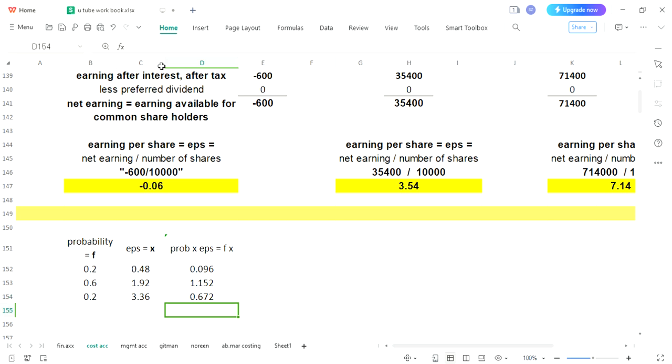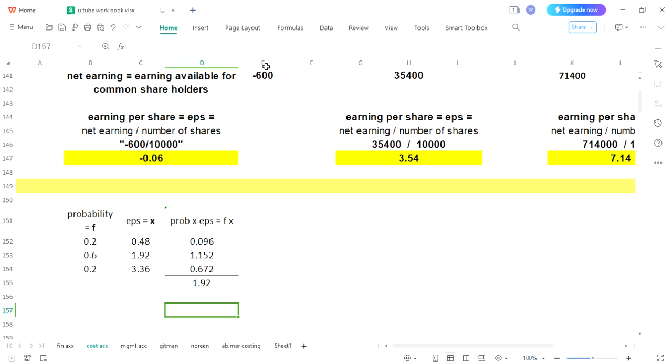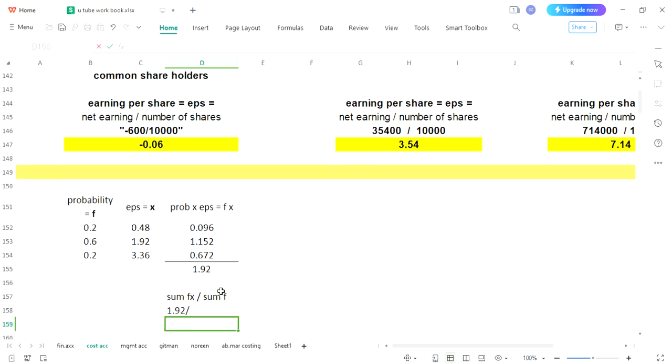Now we will take a sum over here. Sum of what? Fx. Sum of column of fx would be taken, and we have got its sum 1.92. And now in actual practice, what you need to do, sum of fx would be divided by sum of f to calculate our average. As you know that sum of fx was calculated over here 1.92, and sum of f is needed, that would be equal to 1.